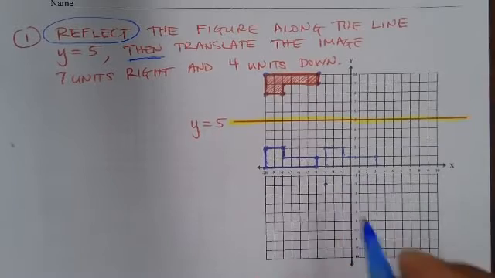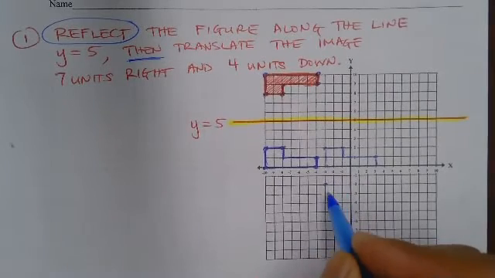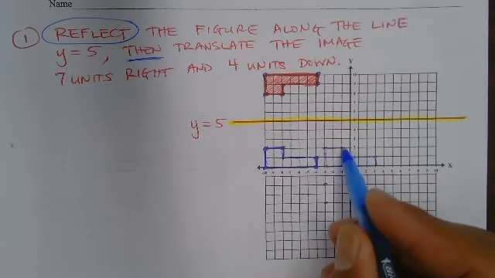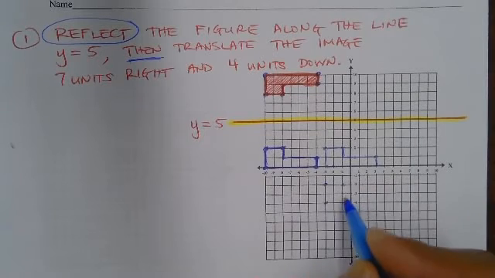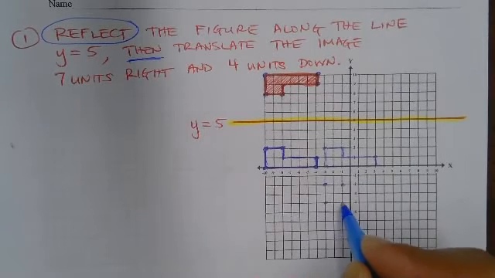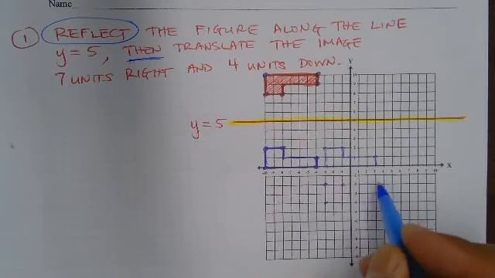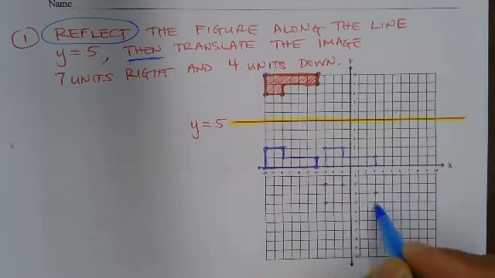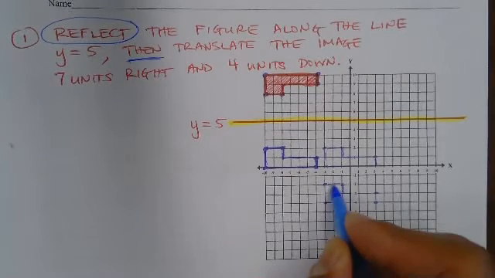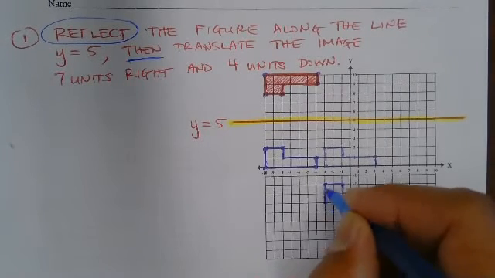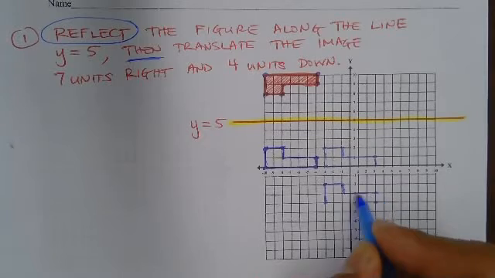Okay. 1, 2, 3, 4. 1, 2, 3, 4. Is that right? I think the final image is here. Is that what everybody's getting?